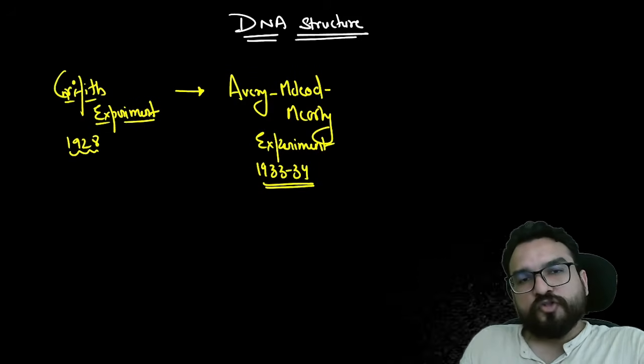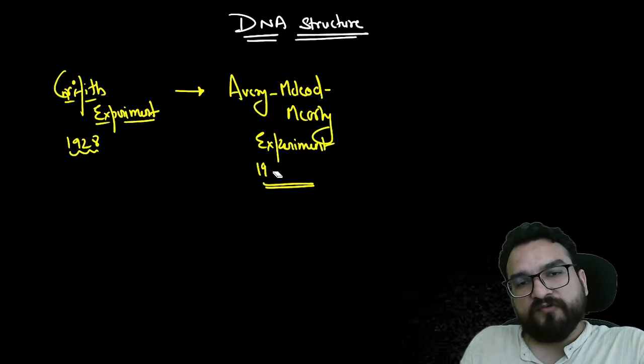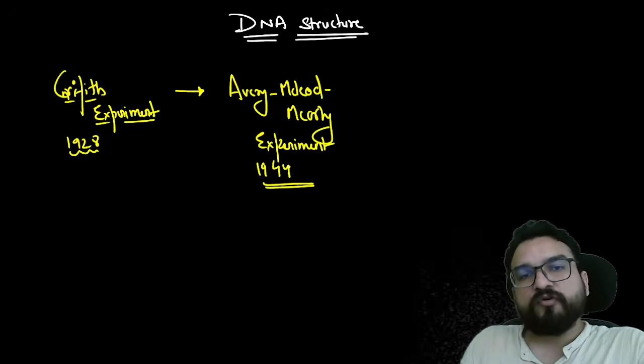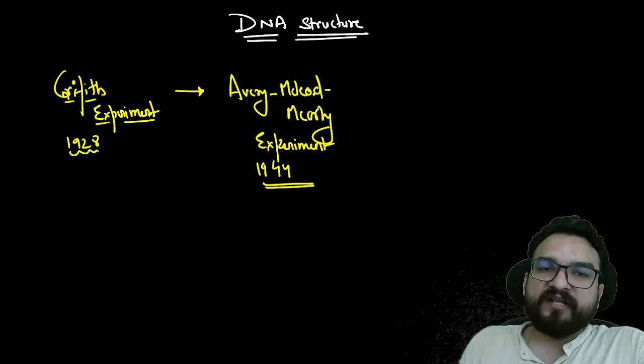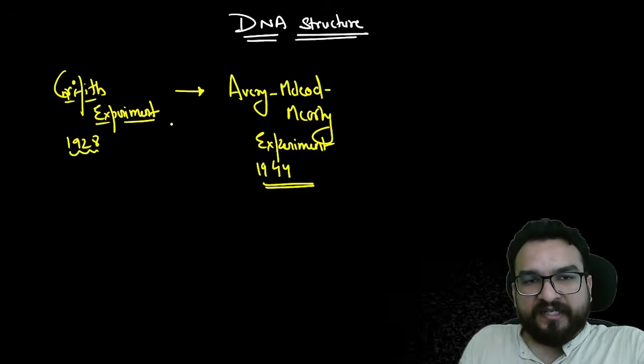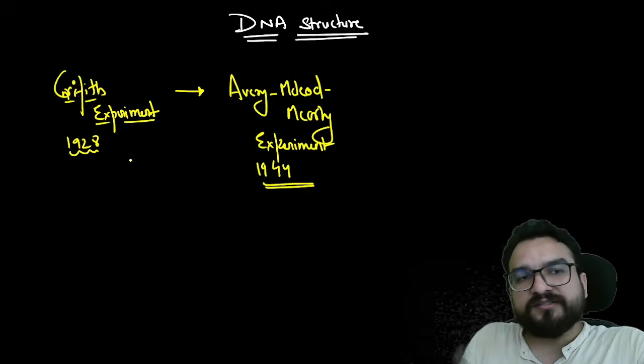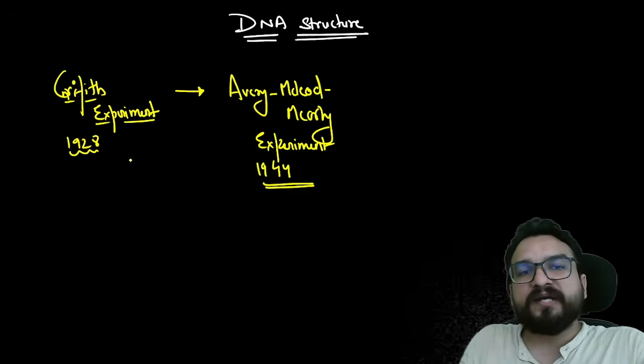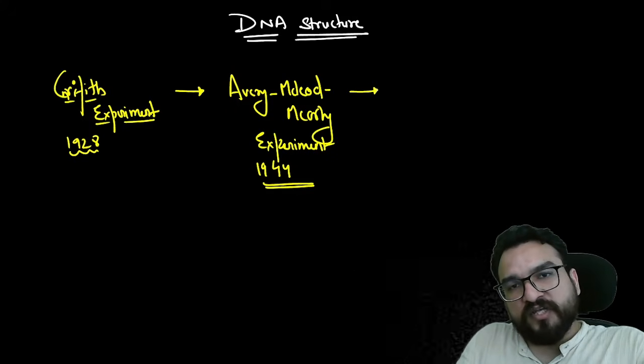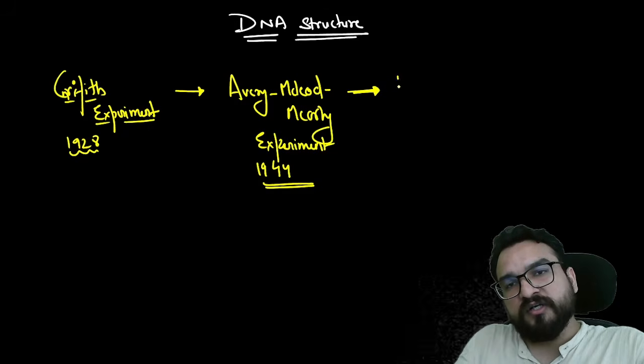This experiment happened around 1933-34. Sorry, change this, 1944 you will be finding over here, right? Really sorry. In 1944, this experiment was done by Avery, MacLeod and McCarty. They basically continued the experiment which Griffith had done, and the questions which were unanswered in the Griffith experiment were answered by this particular part.